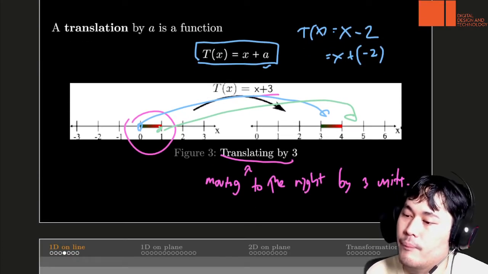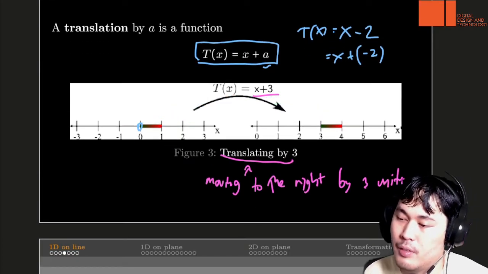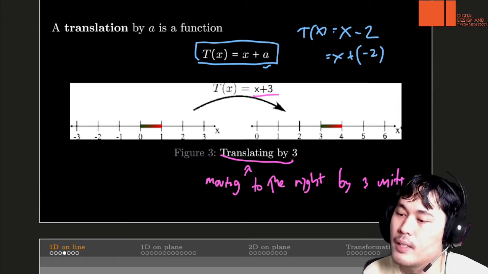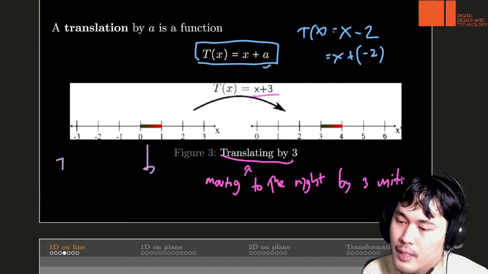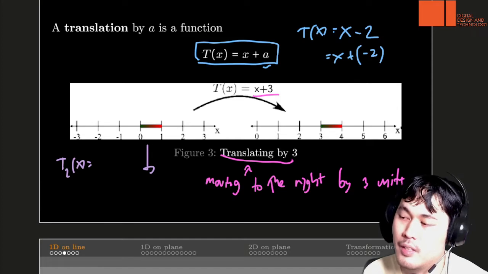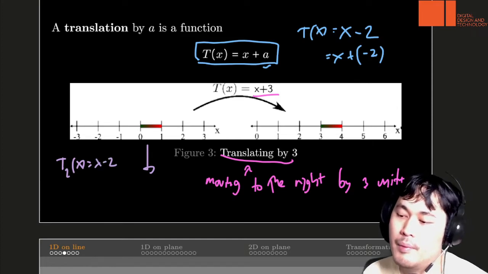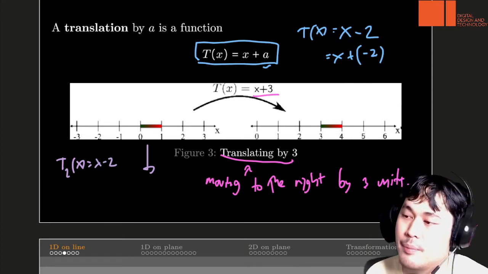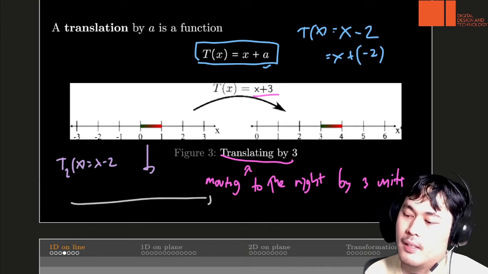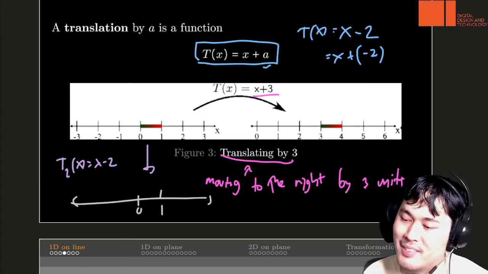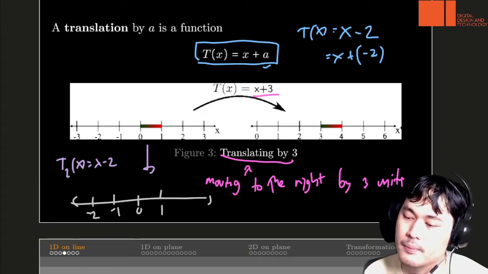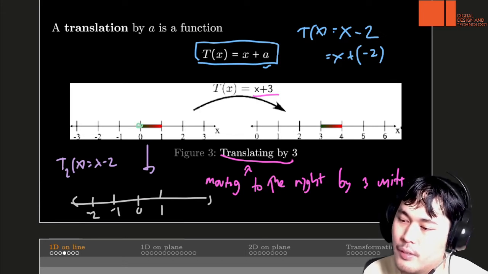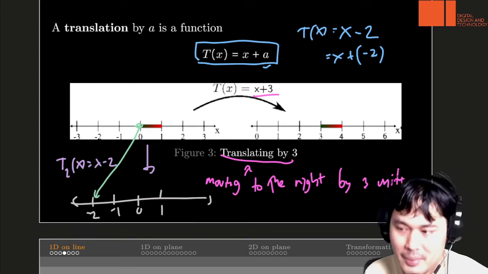And so if you start from the same interval, 0 to 1, and let's say you have a different one, let's give it a different name, t2, you move everything by 2 steps to the left. So the point 0 gets moved to minus 2, because 0 minus 2 is minus 2.